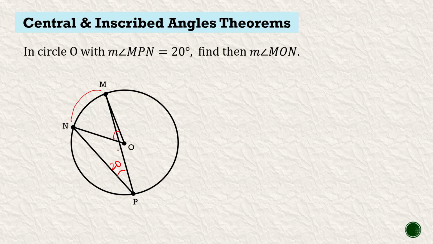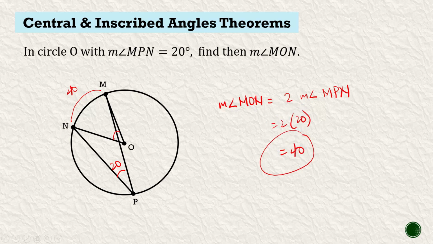According to the theorem, half of MN is equal to the measurement of MPN, which is given as 20 degrees. So twice of that is your MN, and that's going to give us 40. If that is 40, then the measurement of angle MON is also 40 degrees. So angle MON is actually twice the measurement of angle MPN, twice of 20, which is equal to 40 degrees.